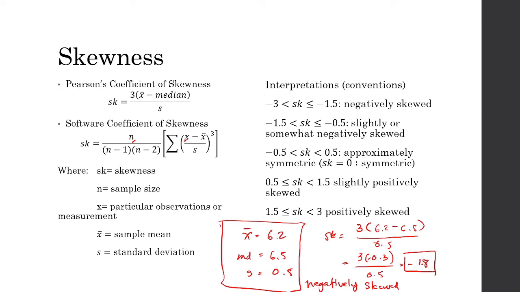So, this will be useful kapag hindi mo na kailangang i-compute yung iyong mean at hindi mo na kailangan i-compute yung iyong median. If you have your mean and your standard deviation and you have your data array, the software coefficient of skewness will be your choice of measurement of skewness.